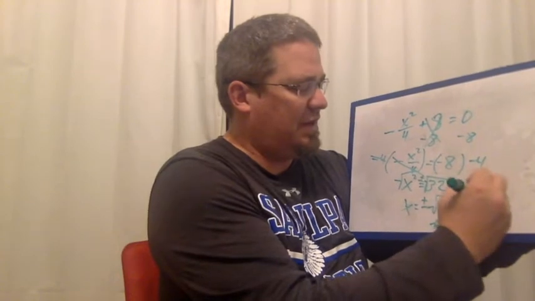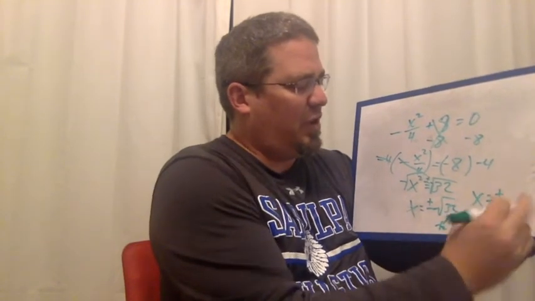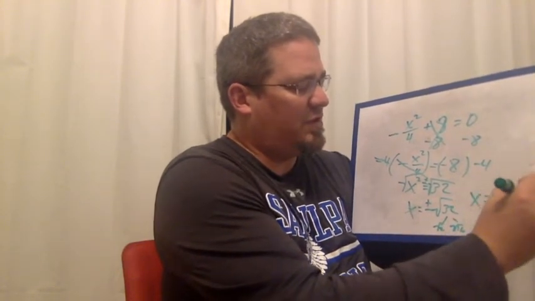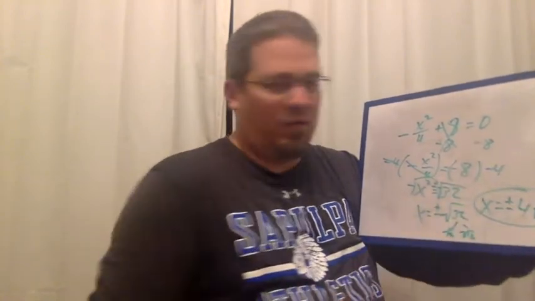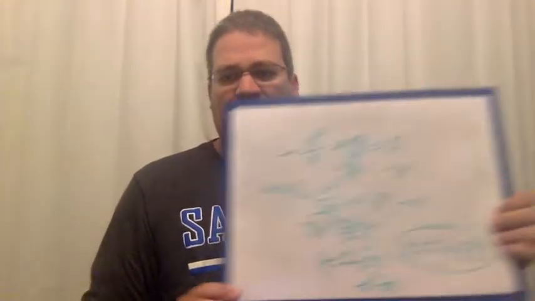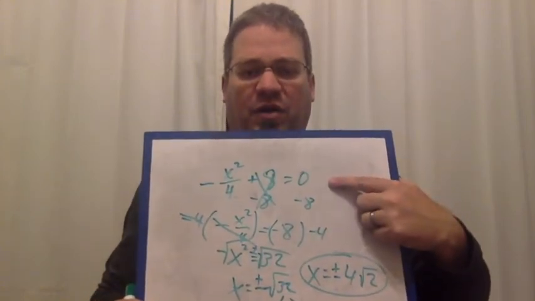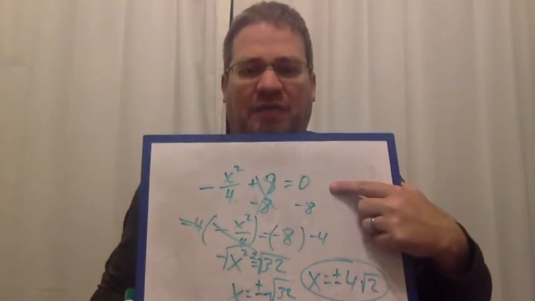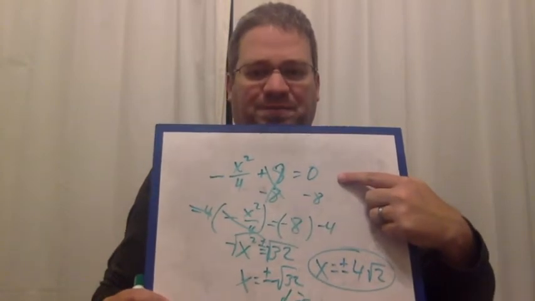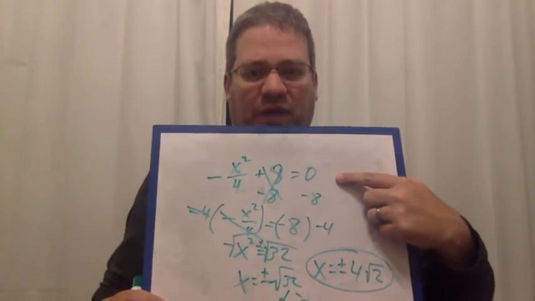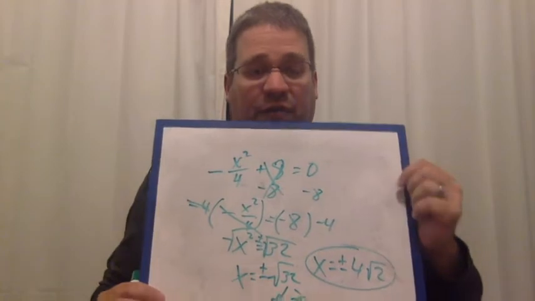So x ends up equaling plus or minus 4 times the square root of 2. So that's the full answer for this problem, negative x squared over 4 plus 8 equals 0. Okay? Pretty straightforward. That's how you do those square root problems.